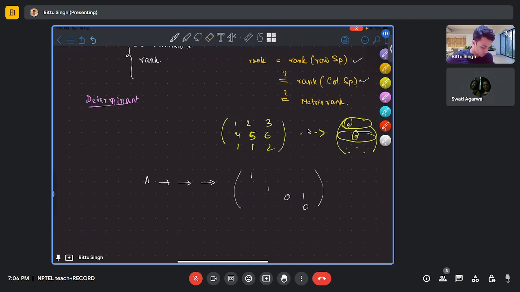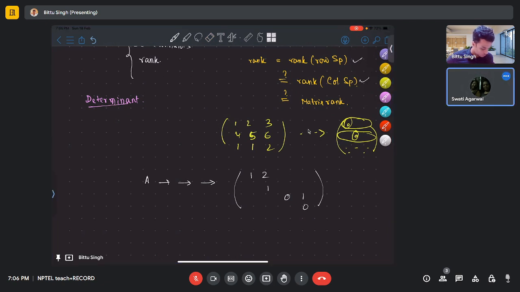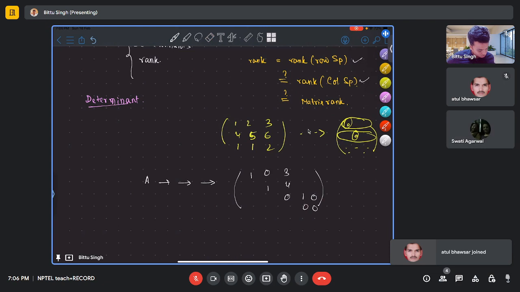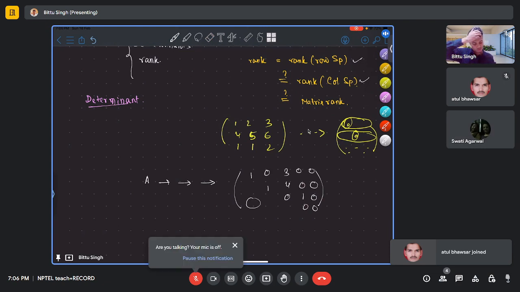After reduction, suppose you are getting this matrix, and this will be 3 4 0 0, and everything except those are zeros.